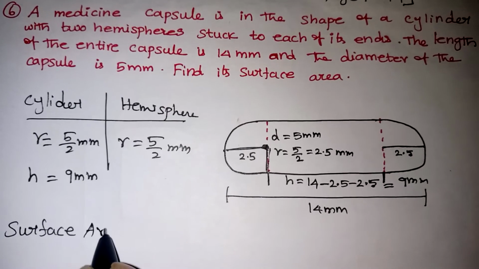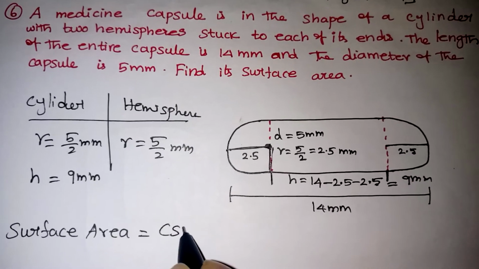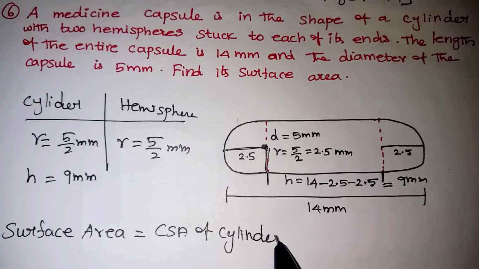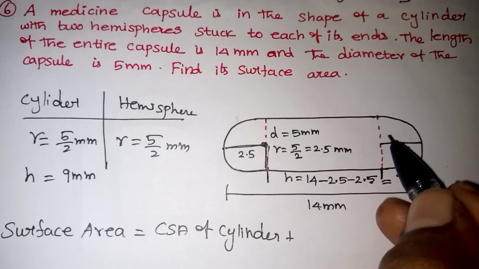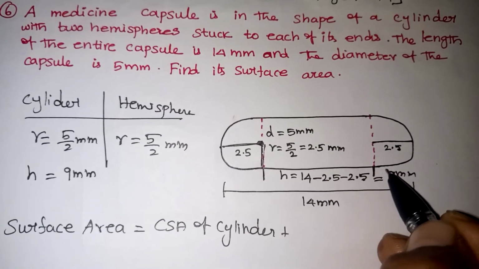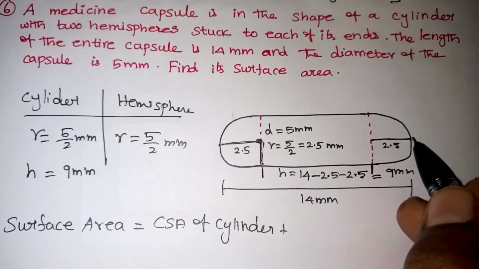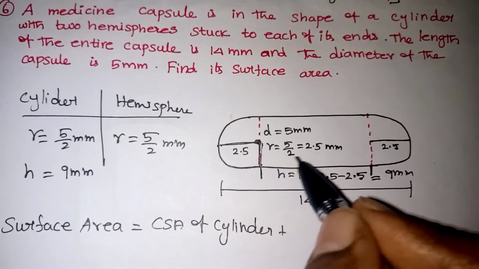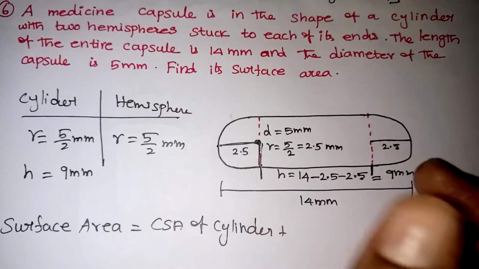So the surface area is equal to CSA of cylinder plus, for the hemisphere also the flat top will not appear outside, it will be inside. So only this curved part we have to find the area of, that is the CSA. We need to calculate it 2 times because we have 2 hemispheres.